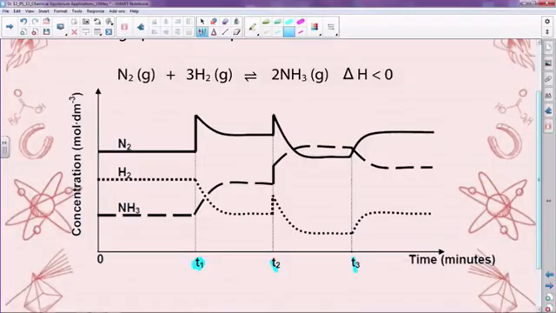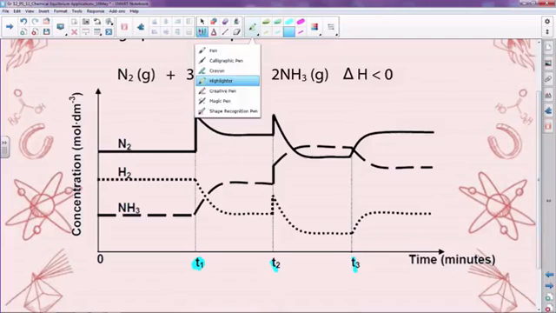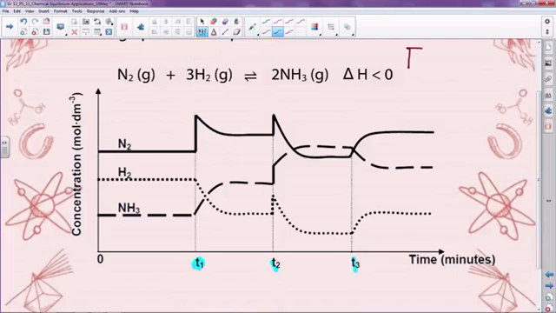So I said to you that we could have changed temperature, concentration, and pressure, okay? Now, when we look at T1 on the graph, the only thing that's important is there's this spike over here, and only N2 spiked. The rest didn't.